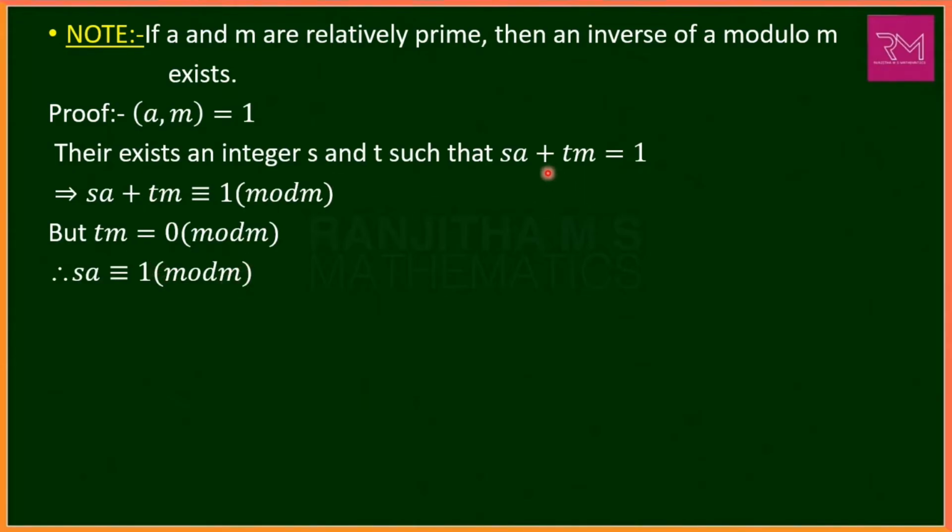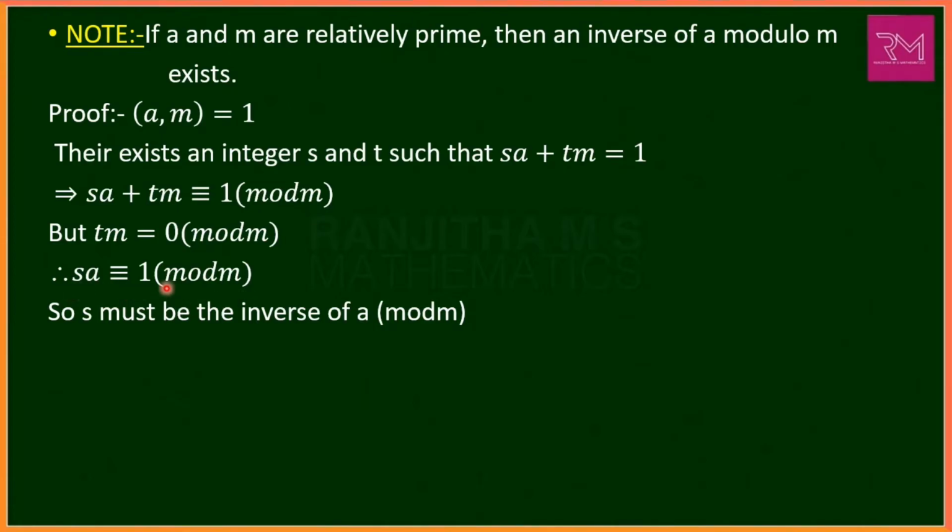Here first we take sa plus tm equal to 1 with the help of the Euclidean algorithm method. Using this, we can write the congruence as sa plus tm congruent to 1 under modulo m. Since tm is equal to 0 under modulo m, because m divides m, the tm value is 0. So substituting tm as 0, we get sa congruent to 1 under modulo m, which implies s must be the inverse of a under modulo m.